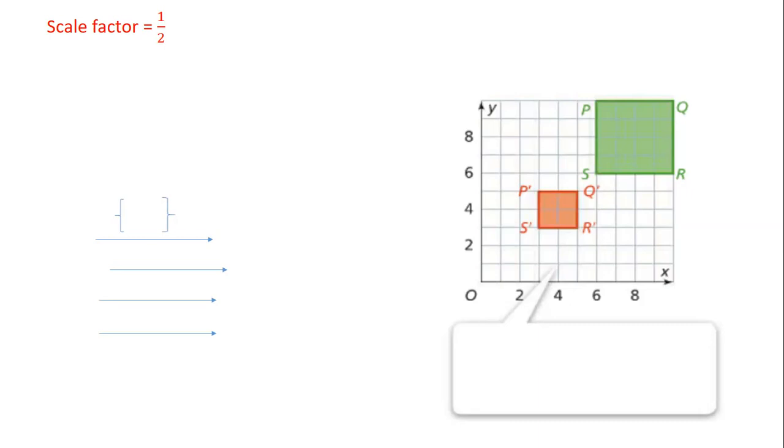So we have here the coordinates of P, Q, R, S. We need to find P prime, Q prime, R prime, S prime. So what is going to be the first step? We multiply by 2 or what? We multiply by 1/2. But before we multiply, what do we have to do? First, find the coordinates.